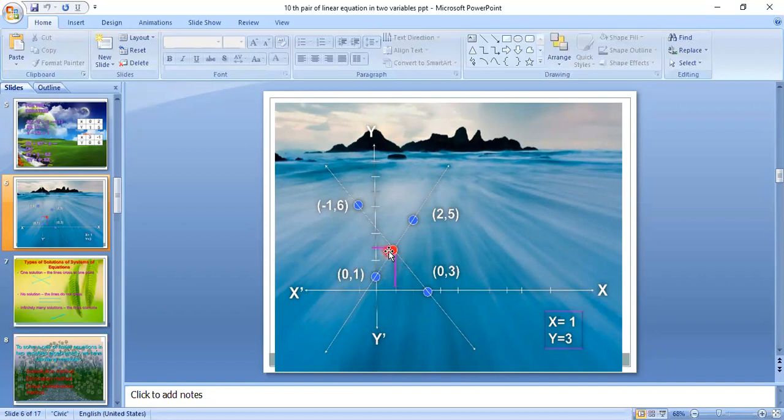So here the two simultaneous equations, or pair of linear equations, meet at this point. We draw the perpendiculars to the x-axis and y-axis, and you will get the solution of the equation. So x is equal to 1, y is equal to 3.